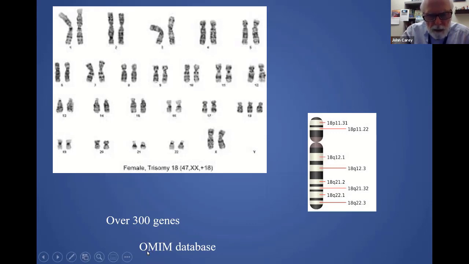That's a free access database. If you Google OMIM, you get in, and there's something they call the morbid gene map. You go in, you pick your chromosome, and you can go from the tip of the 18p to the 18q and see every gene. And then there's a link to what that gene is known to do, or sometimes known to cause, a particular condition.